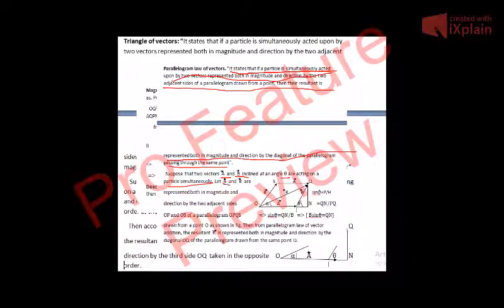Let A and B be represented both in magnitude and direction by the two adjacent sides OP and OS of a parallelogram OPQS drawn from a point O as shown in the figure. Then from the parallelogram law of vector addition, the resultant R is represented both in magnitude and direction by the diagonal OQ of the parallelogram drawn from the same point.